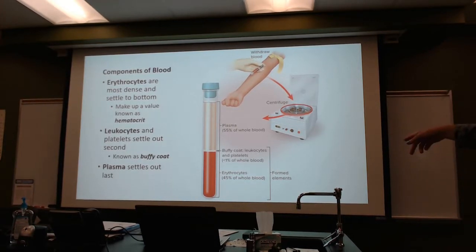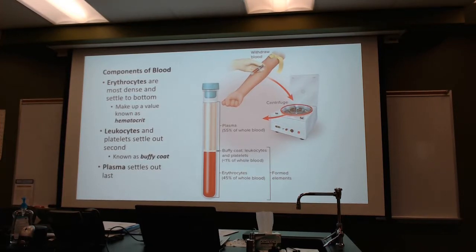But what do you notice about this buffy coat? It sits in between the red blood cells and the plasma. But it's only made up of my leukocytes and my platelets, telling me the numbers should be low.